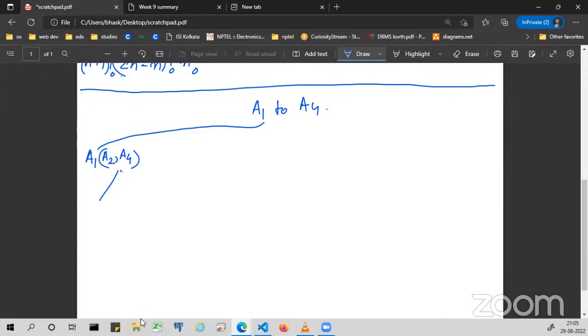Now within A2 to A4, what will I get? 2 multiplied with 3, 4 and 2, 3 multiplied with 4, right? Over here, let's say another approach I have, not writing A. So 1, 2, 3, 4, correct?